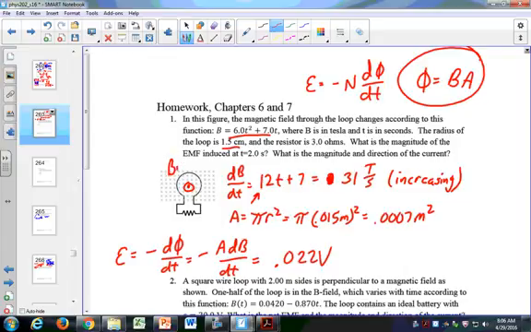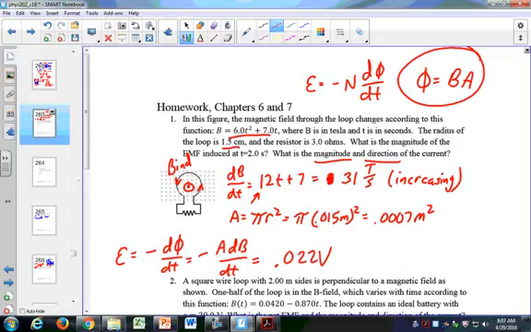So the induced magnetic field will be out of the page. And so then I ask myself, what current gives this induced magnetic field? Well, it would have to be a current that is going counterclockwise. Thumb in the direction of the current, fingers go out of the page. So my current here is in that direction. So I have my magnitude and the direction of the current.